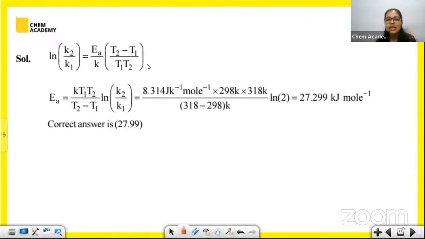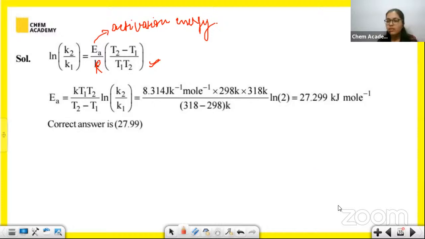This is the integrated Arrhenius equation. This is R, the gas constant. ln K2 by K1 equals Ea by R, where Ea is the activation energy, into T2 minus T1 upon T1 T2.